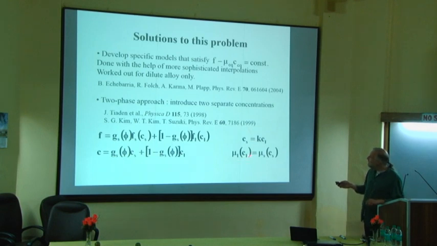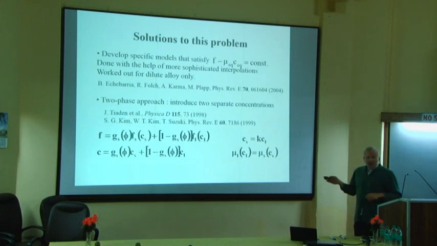And you can easily show that this is a particular case of this for dilute alloys. Okay, so the partition relation comes from the fact that the chemical potential is the same in the two phases. If you work this out with the free energy of a dilute model, you will get this.